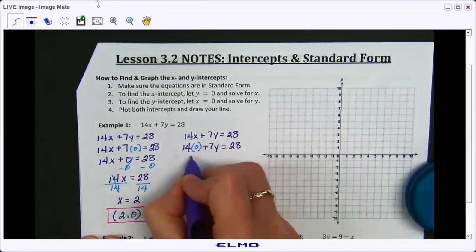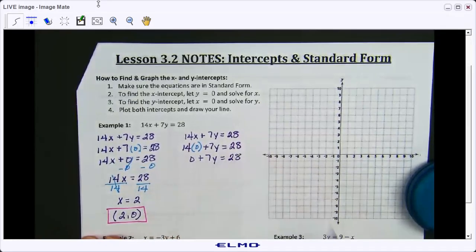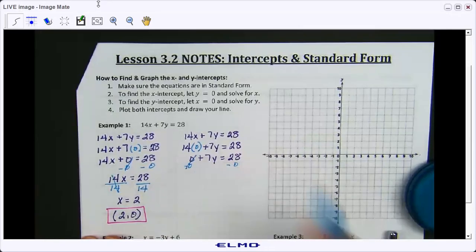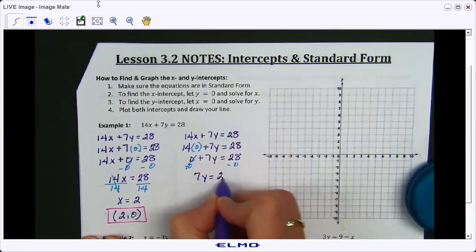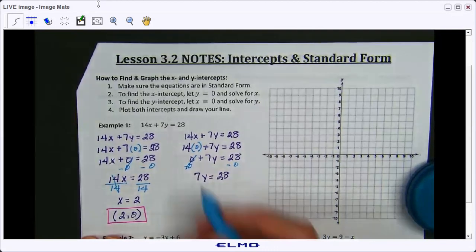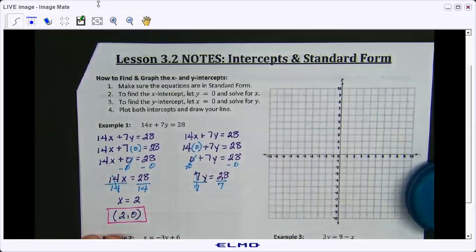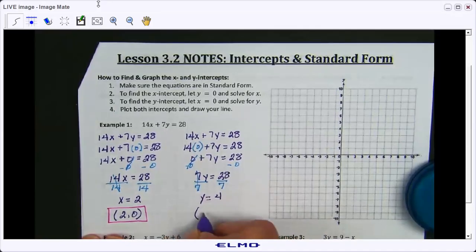So 14 times 0 is 0. And then I subtract 0 on both sides. And we get 7y equals 28. We divide by 7 on both sides, and y equals 4. And we write it as (0, 4).